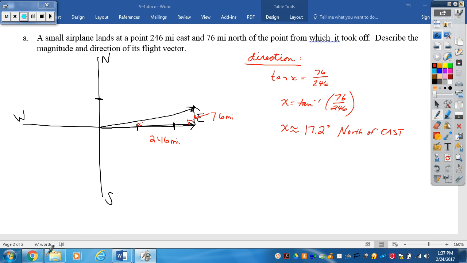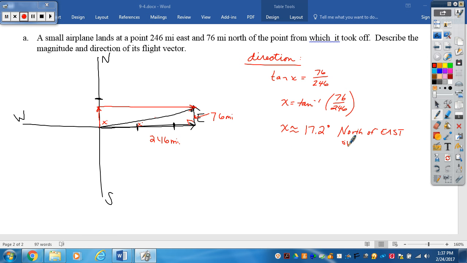Now, the question I would automatically ask is this: what if I was to go ahead and do the 76 miles north first, and then from there do the 246 miles east? Well, the answer is you end up at the same spot. And so if you would have done that and found this angle here, again by using your trig functions, you would just end up with the complement of that.